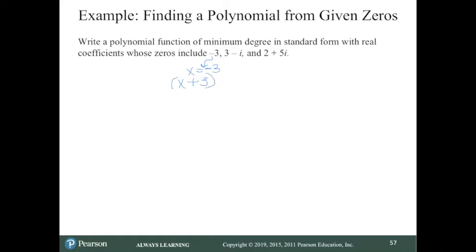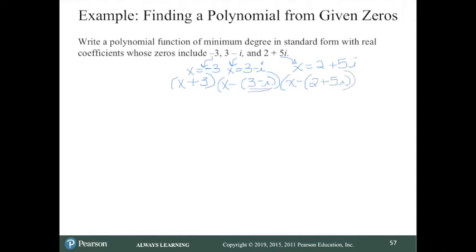Then we have 3 minus i, x equals 3 minus i, gives us x minus the quantity of 3 minus i. Now we can distribute that negative if we want to, but I suggest we leave it in complex form for now, and I'll show you why in a minute. And then we have our third 0 here, x equals 2 plus 5i, giving us the factor x minus the quantity of 2 plus 5i.